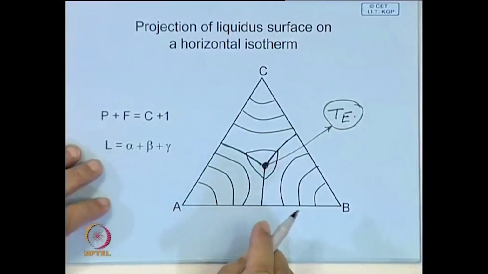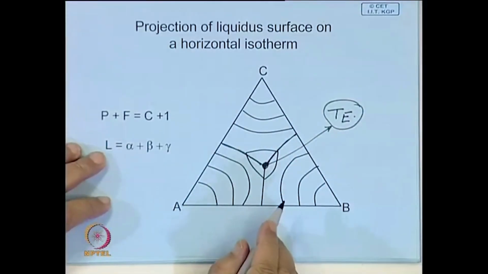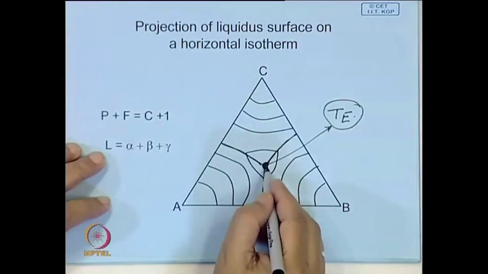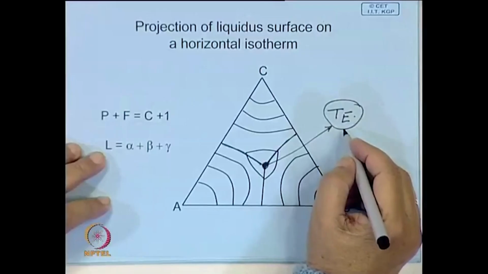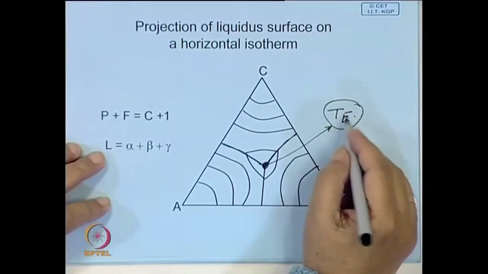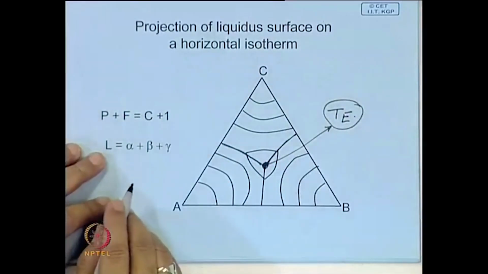Now, in a ternary eutectic, the reaction will take place at a definite fixed temperature and the compositions of alpha, beta, gamma will be fixed.